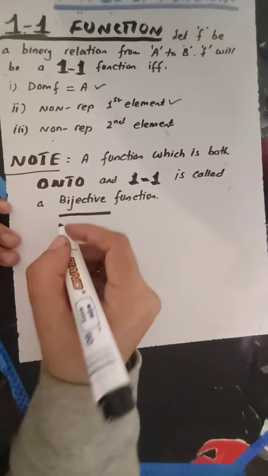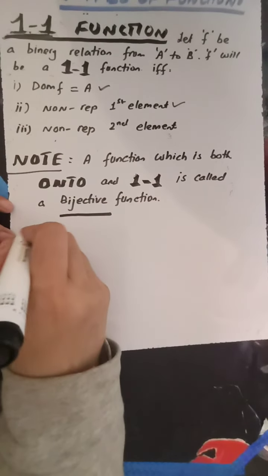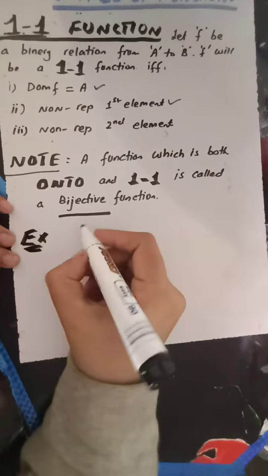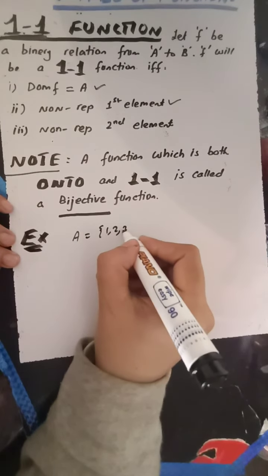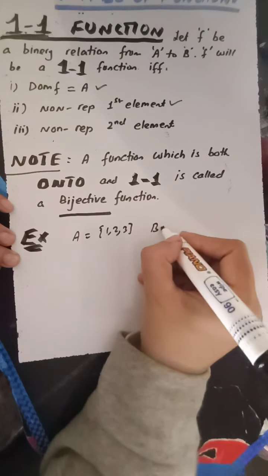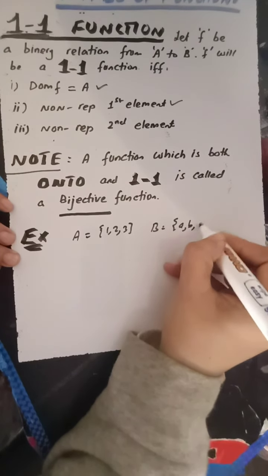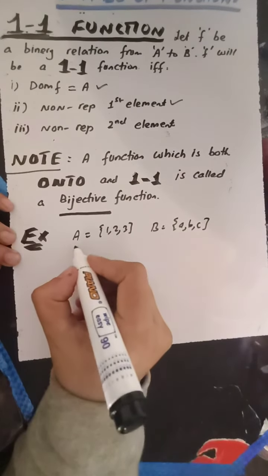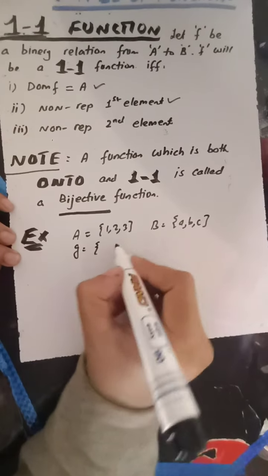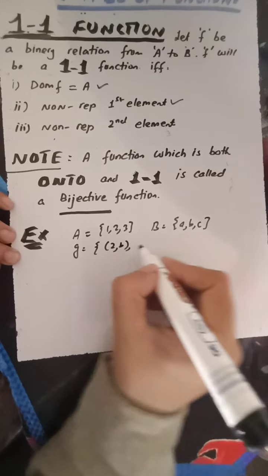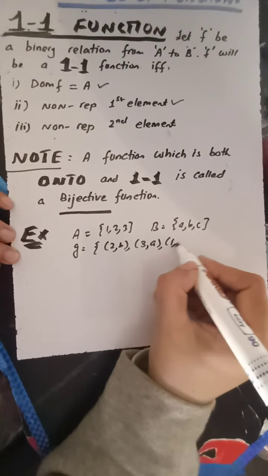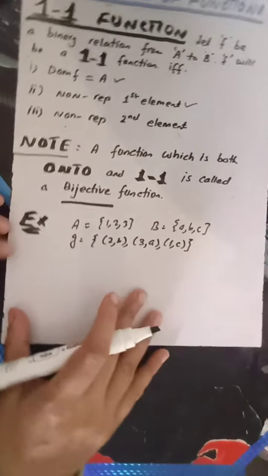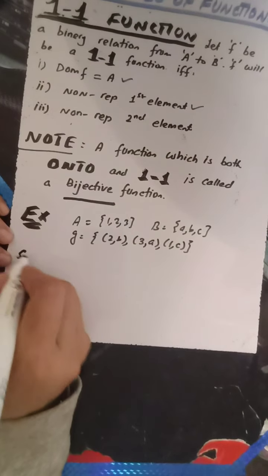If you need an example, let me give one quick example. For example, if you have A = {1, 2, 3} and B is {a, b, c}, and suppose you have a function g which is {(2, b), (3, a), (1, c)}. Over here I will do it quickly.